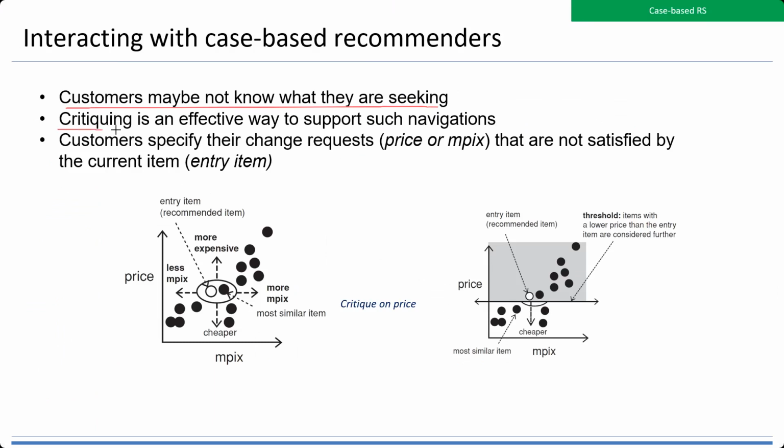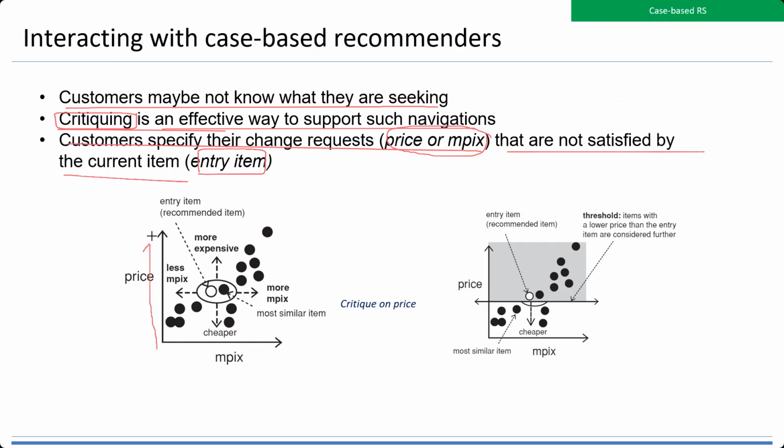That's why they will do critique. Critique means it is to support the navigation. Customers can specify their change requests, for example, price or MPix, that are not satisfied by the current item or the entry items.